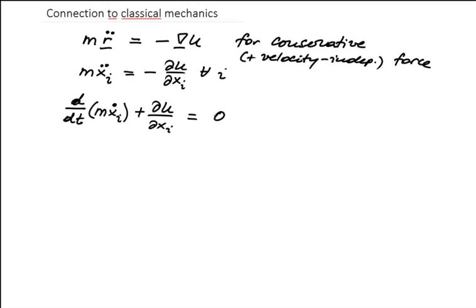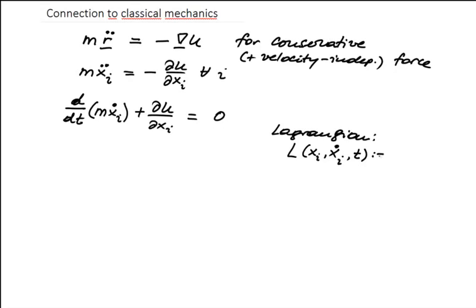Let me introduce a new function, which I call the Lagrangian. The Lagrangian is a function of xi and xi dot, and in general might depend also explicitly on time if the potential depends explicitly on time.